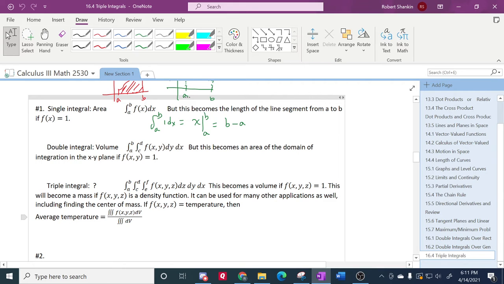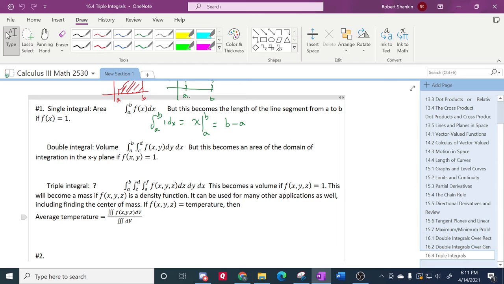So if the temperature was 1 at every single point, then this integral in the numerator would be the same as the integral in the denominator. But if the temperature is 2 degrees at every single point, you're going to wind up getting twice as big a quantity on the top as on the bottom, divided out, and you get 2, that's your average temperature.